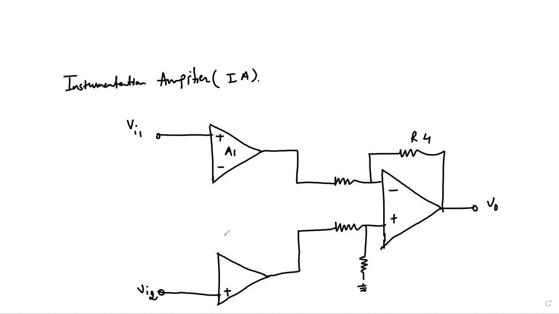Let's call this operational amplifier 1, A1, which has a gain A1. This block has gain A2. This block has gain A3. Or let's say these are op-amp 1, op-amp 2, and op-amp 3.